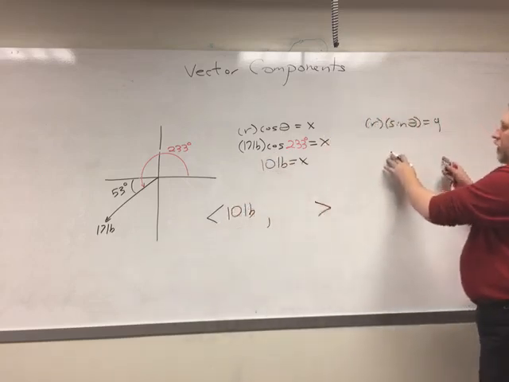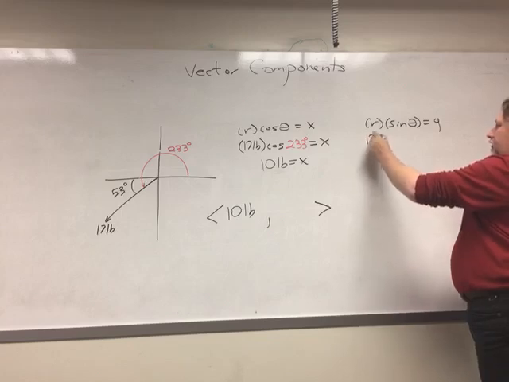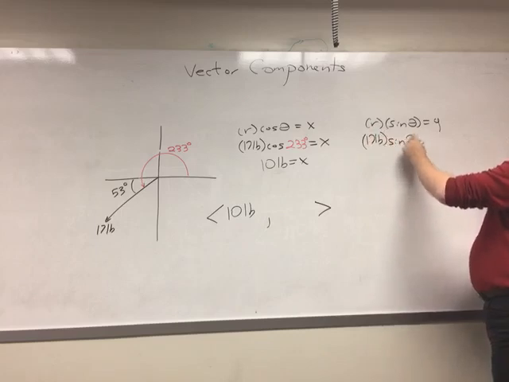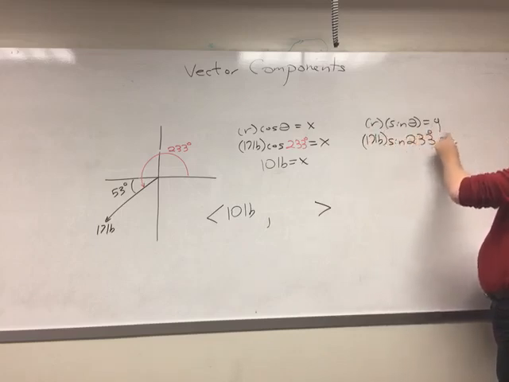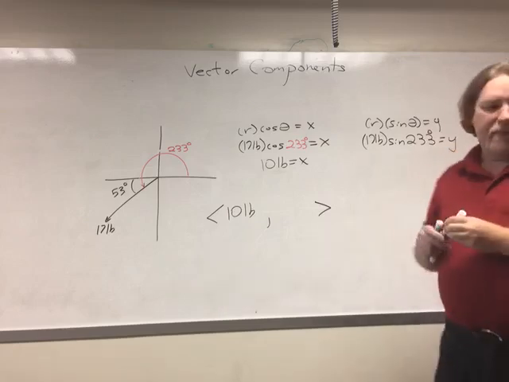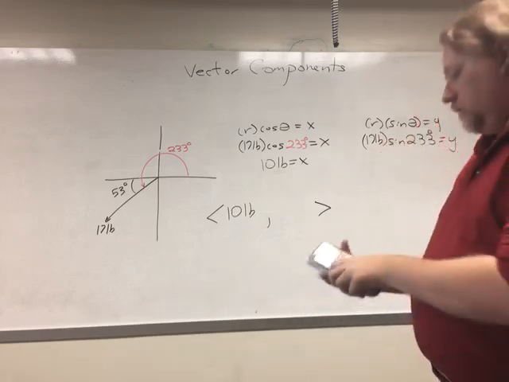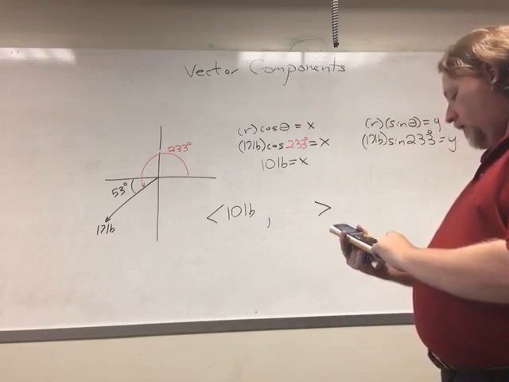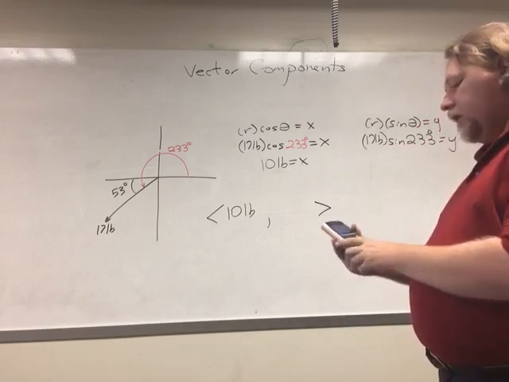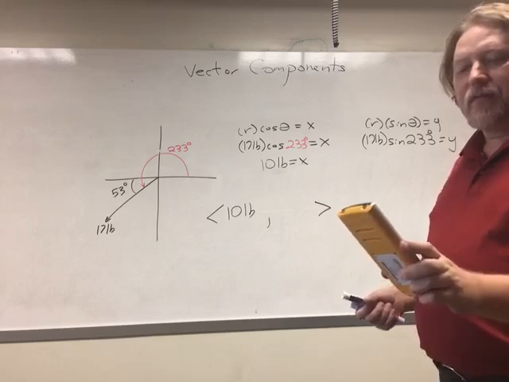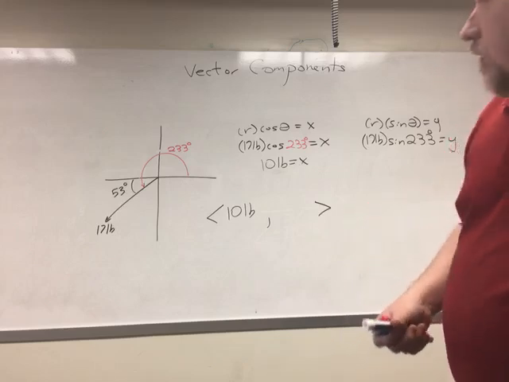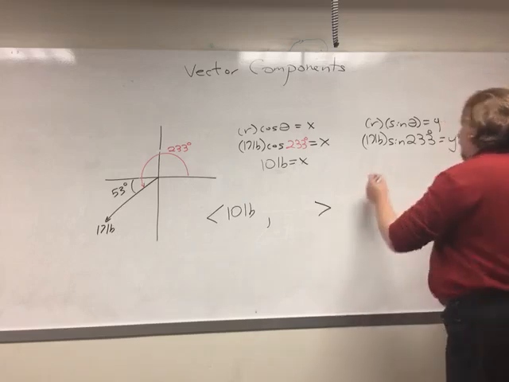What about the y component? Well, same idea. 17 pounds multiplied by the sine of 233 degrees is going to give me y. 17 sine 233 gives me negative 13.58, which rounds to negative 14.